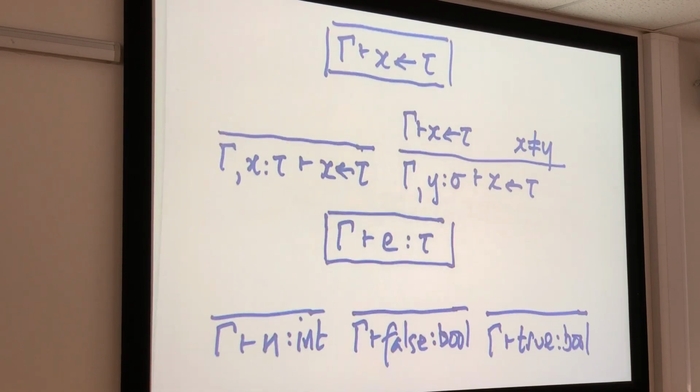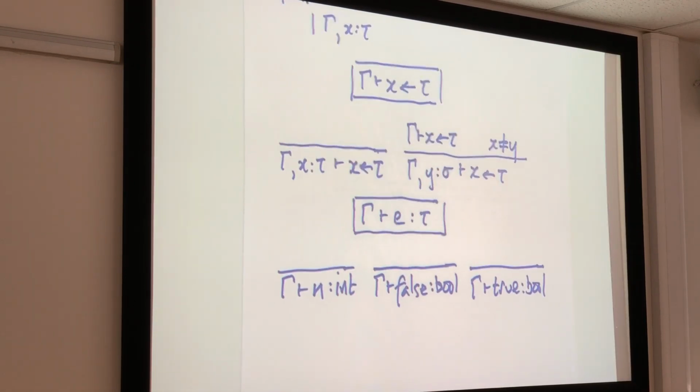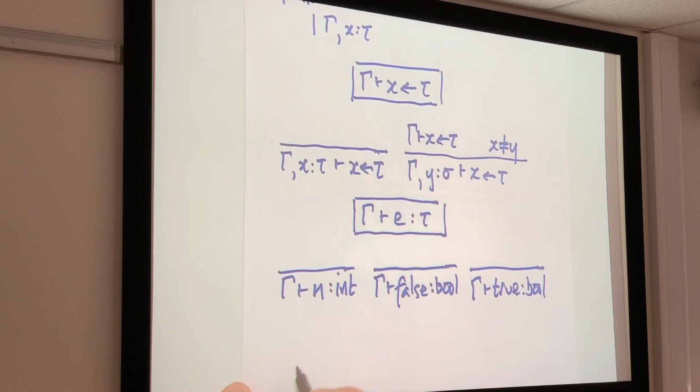Moving on up, actually zooming out a little. What about variables? If we see an expression which consists of a variable, how are we going to figure out what type it is? Well, we're going to look it up in the context.